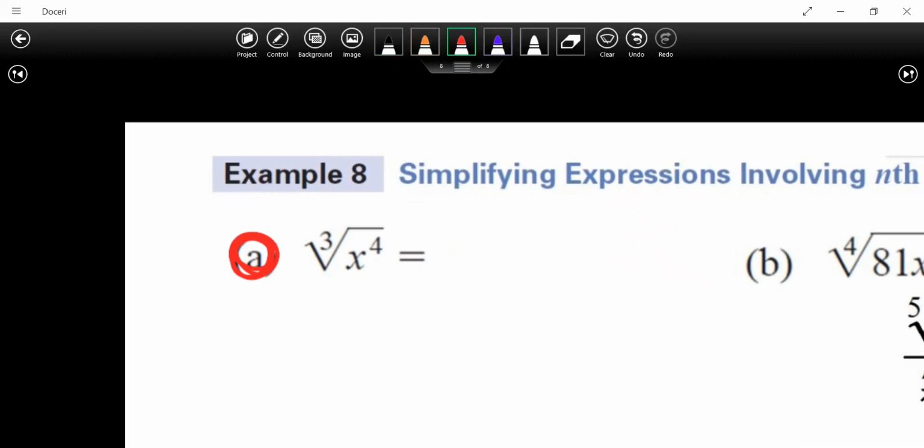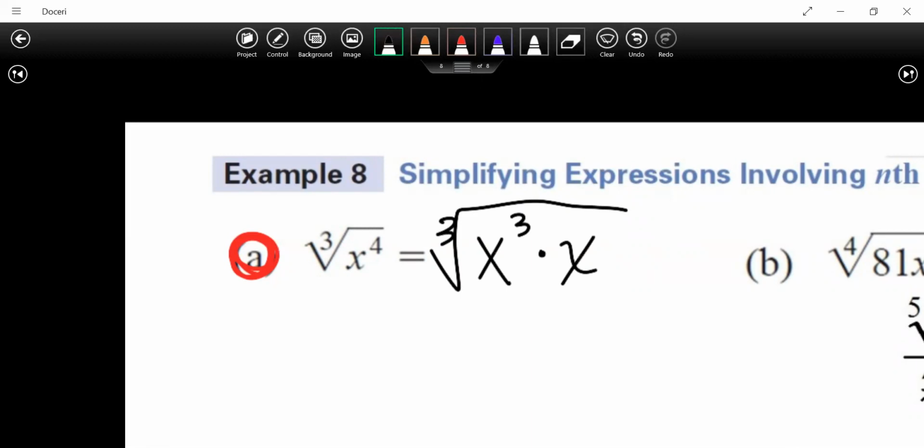The good thing about this is, let me see if you guys can see this. We're going to do the cube root, so we're going to write this in 2 separate ways. The cube root of x to the 3rd times x. I basically split them apart by 1 exponent. If I were to multiply these two together again, it should be x to the 4th. And they just separate it.